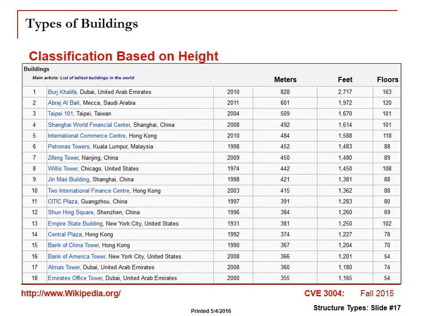If you ever do a historical study of the evolution of tall buildings, you'll notice that in the 1920s, up until about the Depression, basically early 1930s, there was a real push and real fame given to the tallest building in the United States and the tallest building in the world.